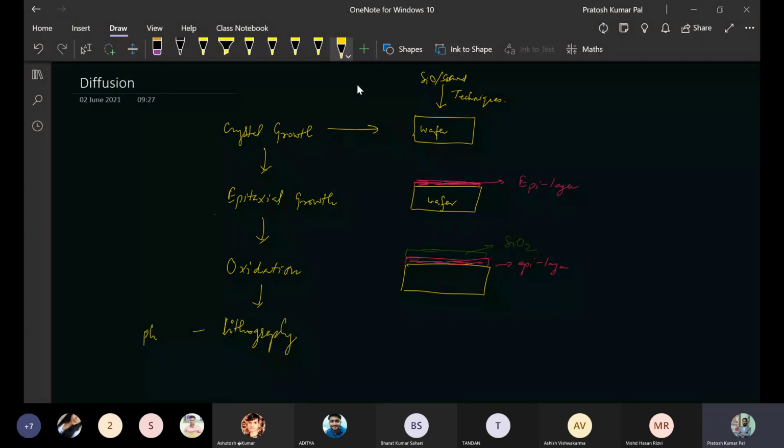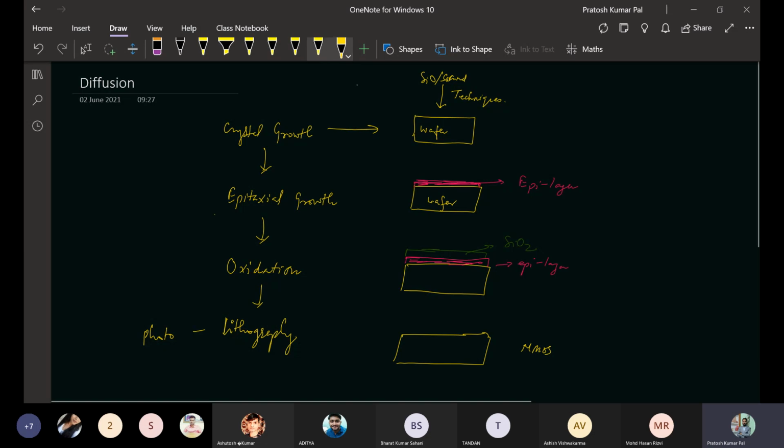Basically we call it photolithography. In photolithography, this is the complete structure up to oxidation. We will be removing a selected part of SiO2. Suppose for CMOS, or we call it NMOS or PMOS, we need this oxidation.